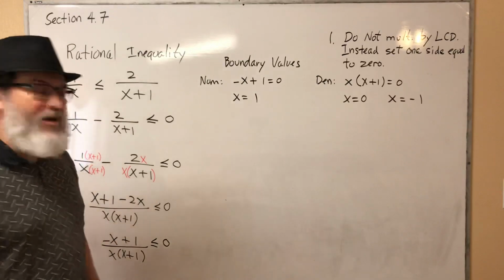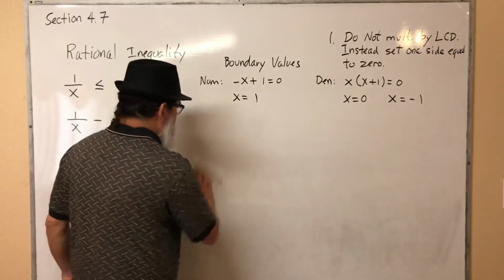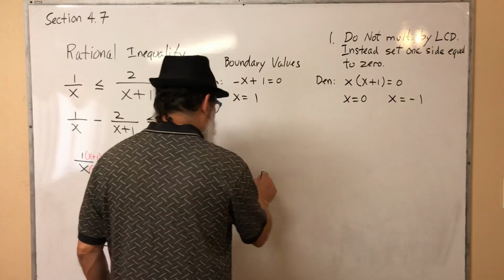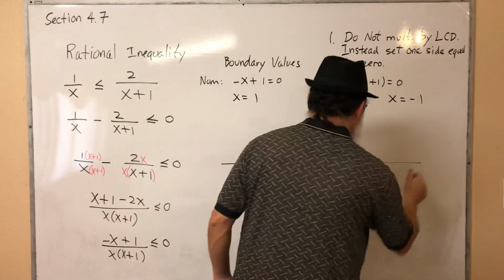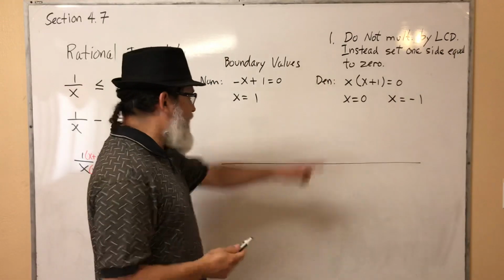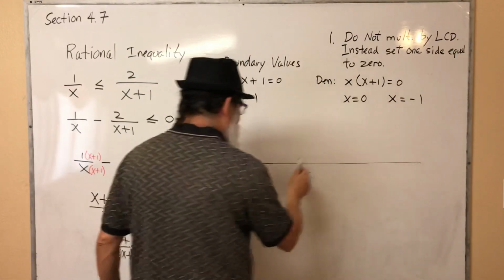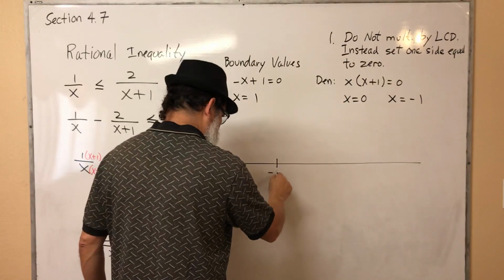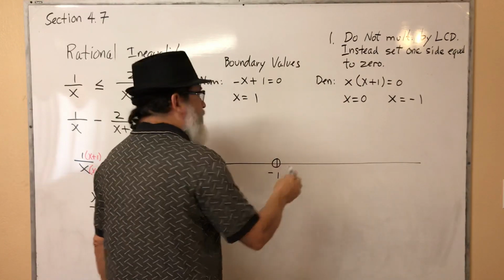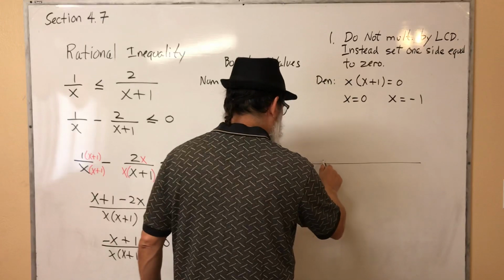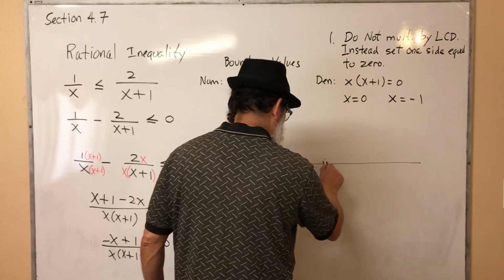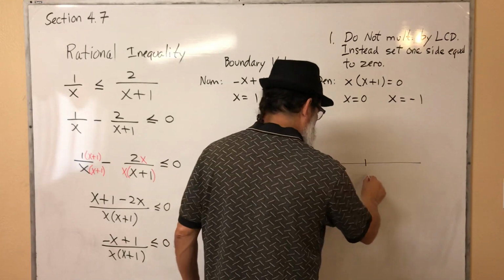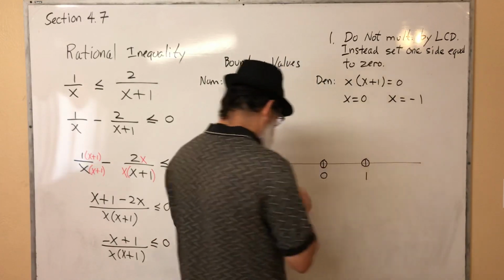Now let's go to the number line. So here's the number line. First of all, we have -1. That goes first. Circle. And then we have 0. That goes second. Circle. And then we have 1. Circle.